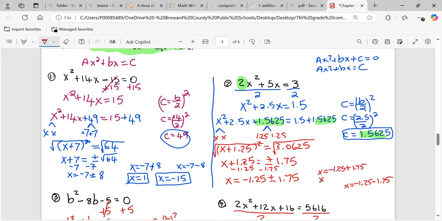X is equal to negative 1.25 plus 1.75, which is 0.5. And x is equal to negative 1.25 minus 1.75, so x is equal to negative 3. Yay, we made it. Final answer.